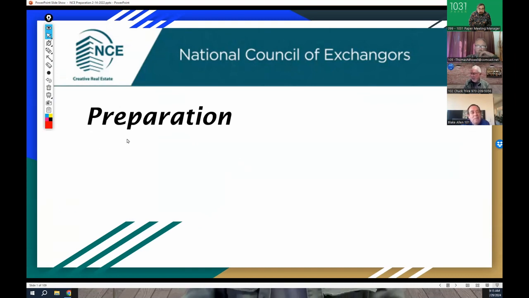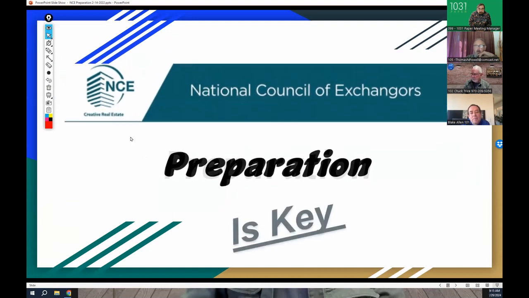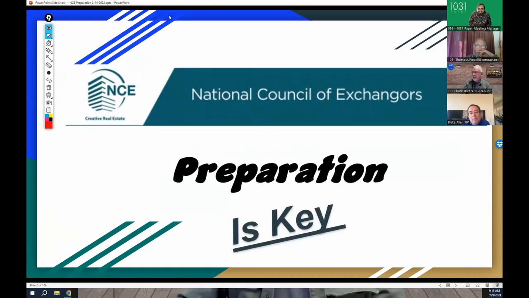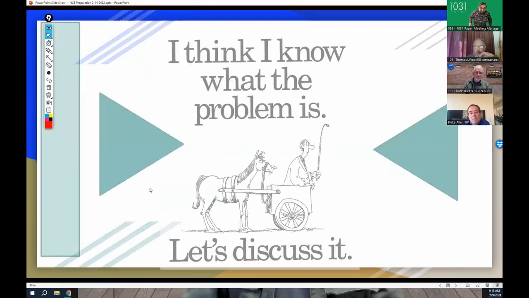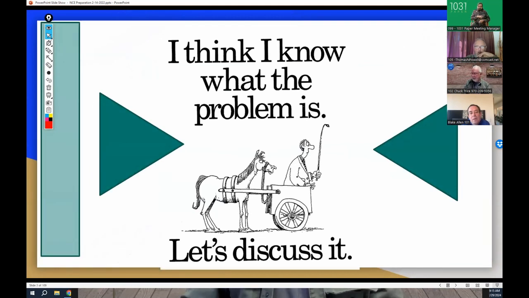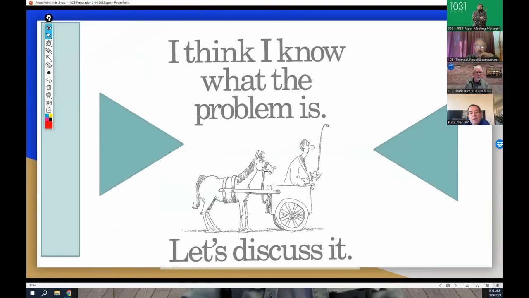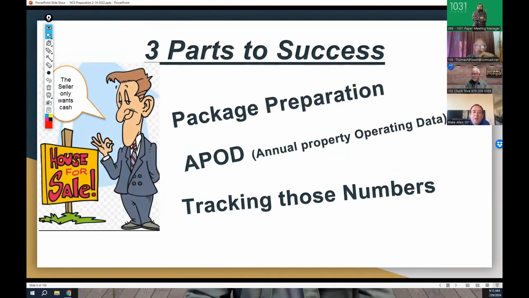So I think all of us know that preparation is probably key. And I like this slide. I've just got a book I pull these off of and I put them up there. We know what the problem is, but there are three parts to success.